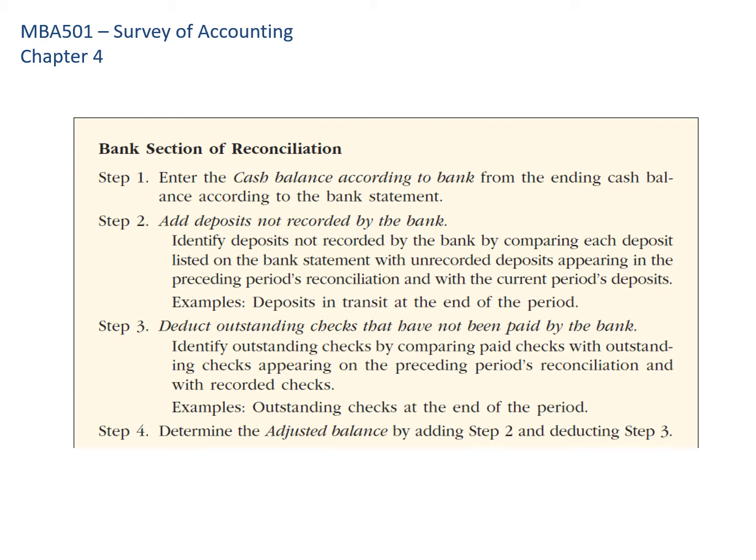There might be deposits that we made after the bank closed at the end of the month that they don't know about, but we show as being deposited. And then there could be the comment I made earlier about outstanding checks. There could be checks we've written, especially near month end, that we've mailed to somebody, and the bank doesn't know about those checks because they haven't been presented for collection yet. So if we take the ending balance according to the bank, we add deposits not recorded, subtract outstanding checks, that'll give us an adjusted bank balance.